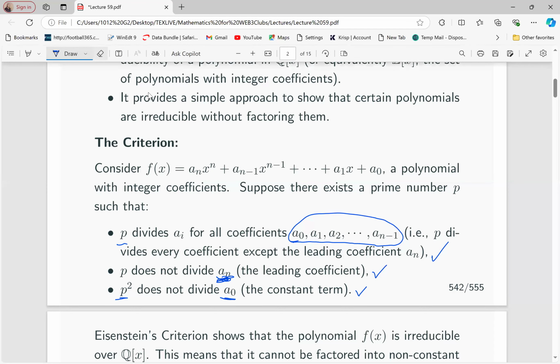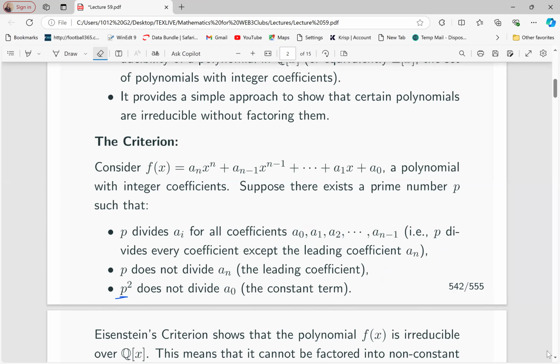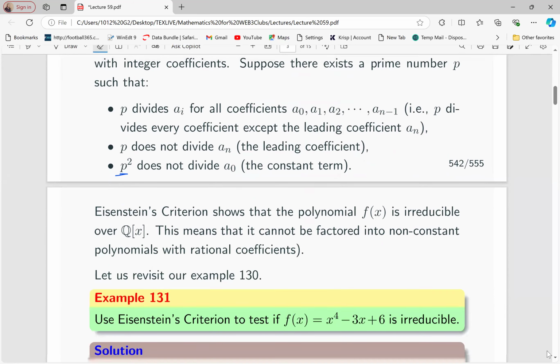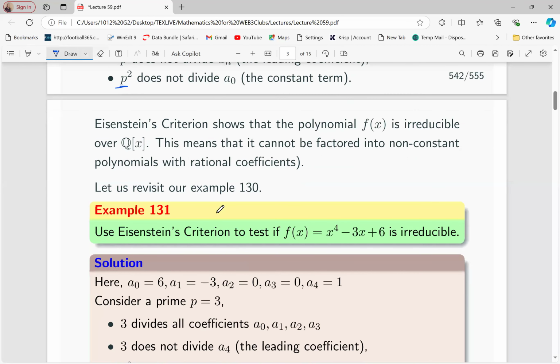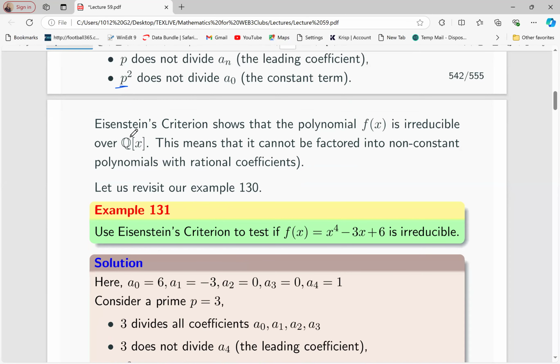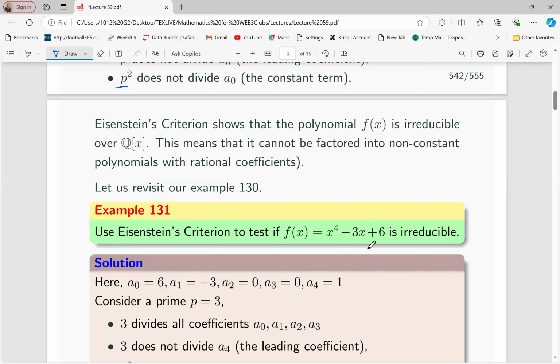Now, let's look at an example just to make it clear. We had done this example earlier on Tuesday, but we want to revisit it. I'm given this polynomial, and I want to check whether it can be factorized or not.